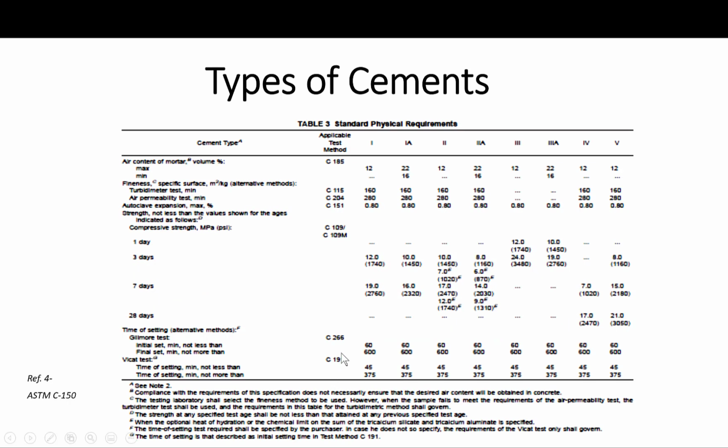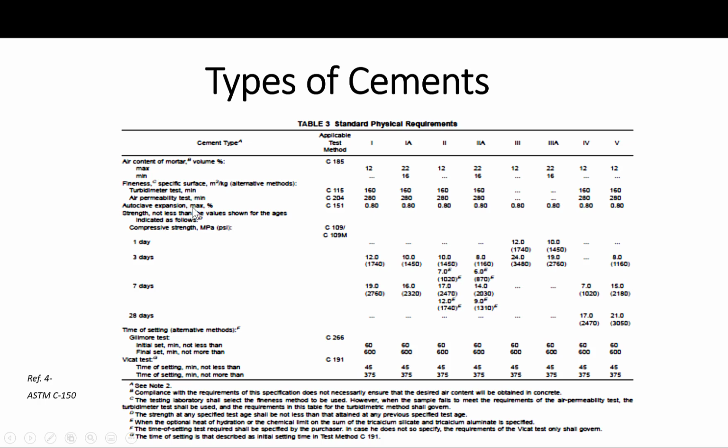This one, although not very clear, is table 3 from ASTM C150. It shows the standard physical requirements. What I mean by physical requirements, if you look at it here, is the air content of the mortar made from this cement, of course, there are certain requirements. The fineness, based on the air permeability test, the ASTM designation shown here.